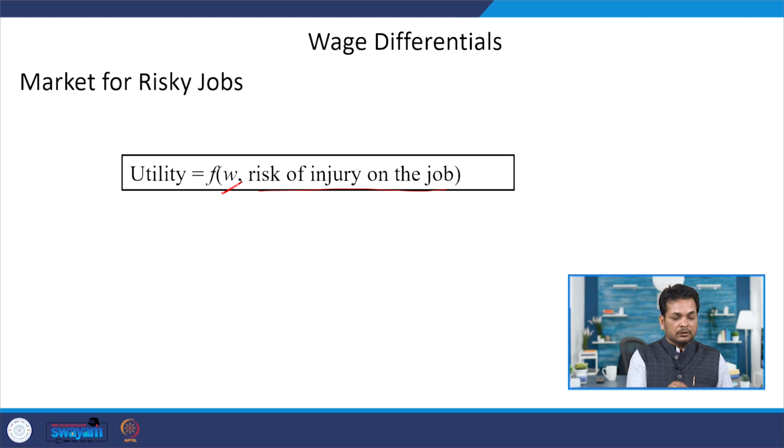So utility is a function of the wage and also the risk of injury involved in the job.